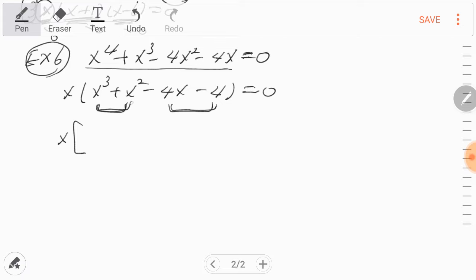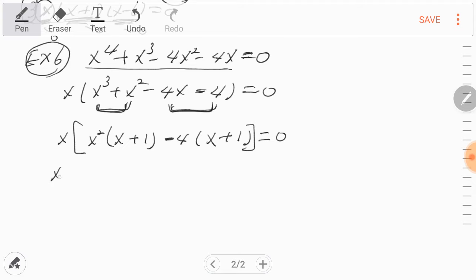From the first 2 terms, we can factor out x squared, then x plus 1. And from the second group, factor out negative 4, then x. Since we factor out negative, we have to change the sign. So plus 1. Bracket and equal to 0.